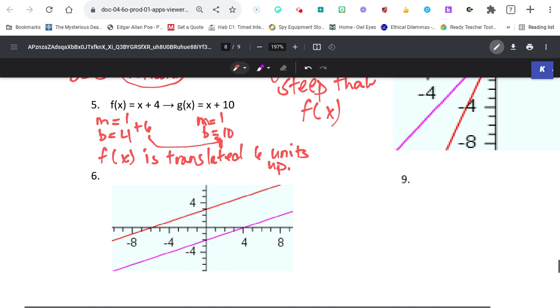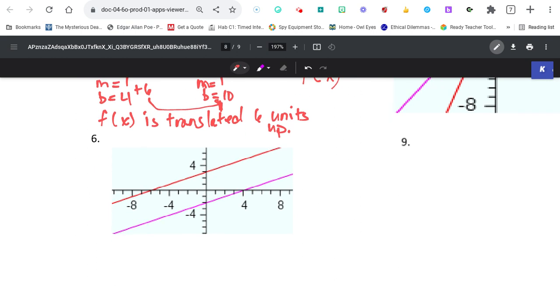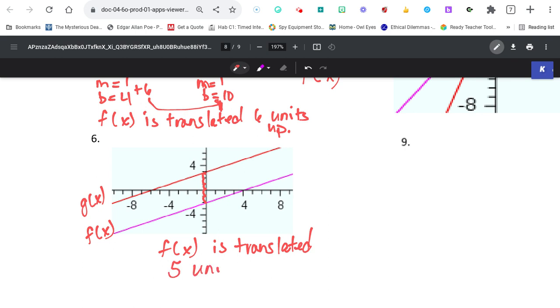All right, because these are not labeled, I'm going to say that this is f of x and this is g of x. It should be labeled. So what am I doing to f of x to get to g of x? I know these lines are parallel, so I know only the y-intercept is changing. It's a slide. So I'm going to say f of x is translated, and we'll have to count 1, 2, 3, 4, 5 units up. Okay.